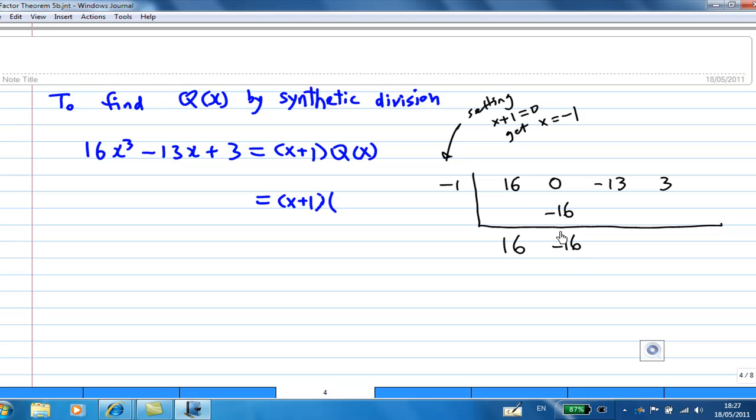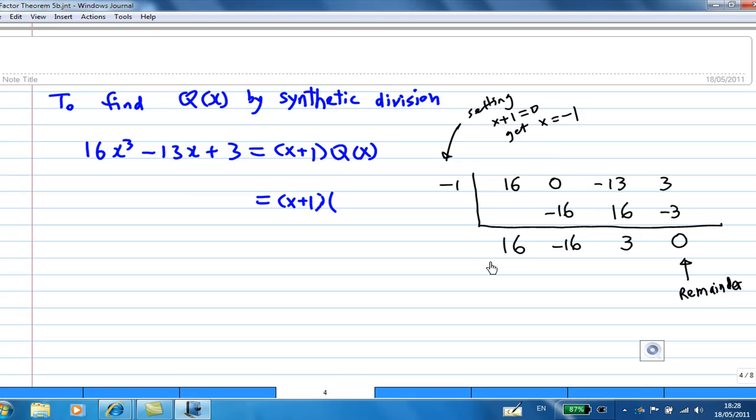Then minus 16 times minus 1, I get 16. So I write 16 here. Then I add minus 13 plus 16, I get 3. Then I multiply minus 1 with 3, I get minus 3, right here. Then I add 3 plus minus 3, and get 0. So the remainder is 0.